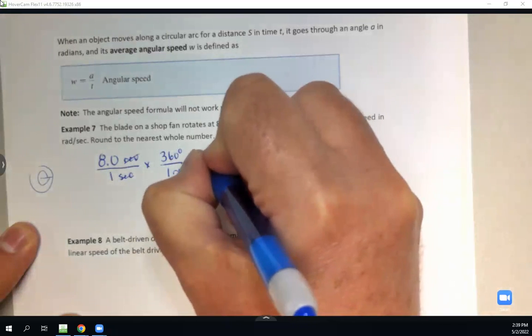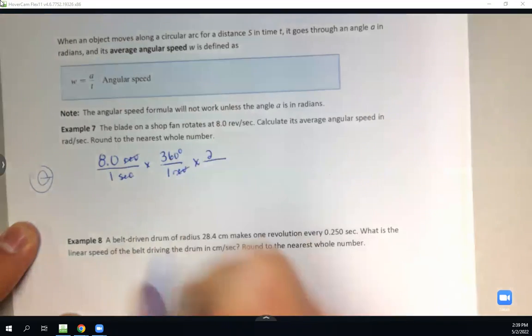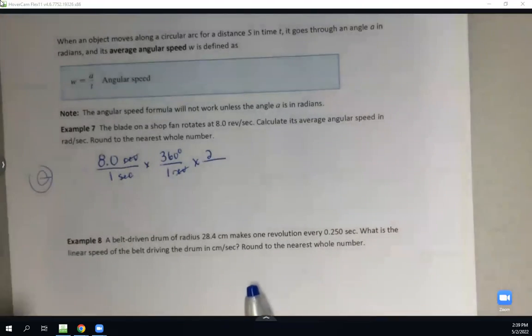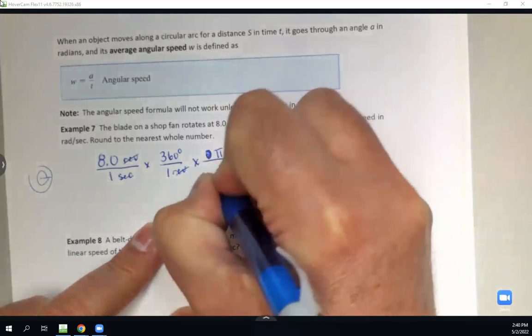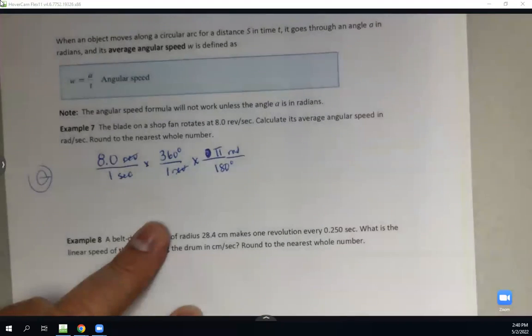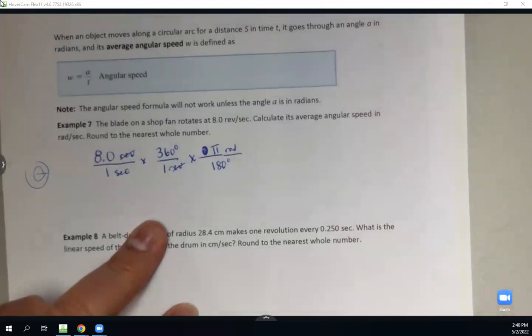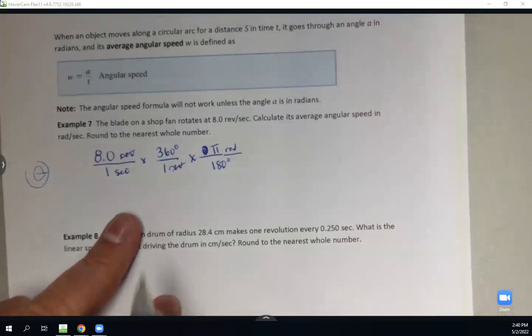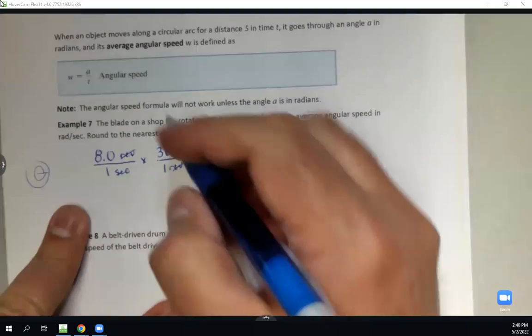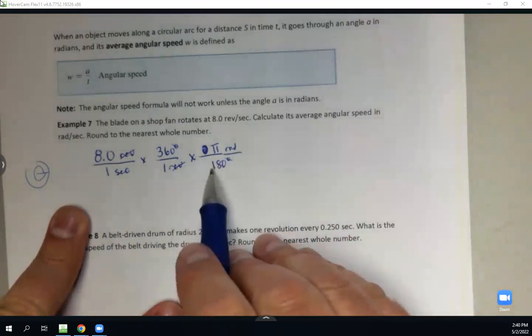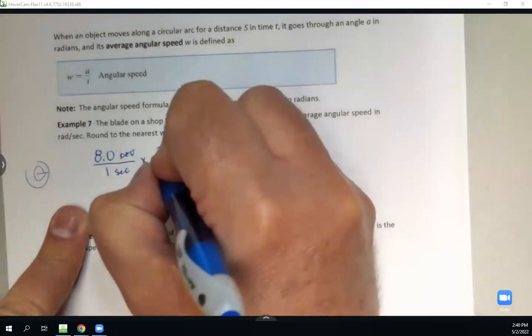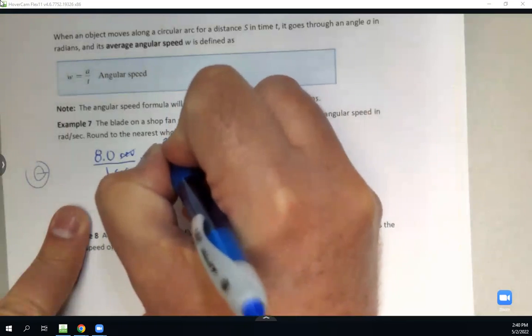But then I know that, let me back up. Oh, I didn't bring my white out. Well, I know that there are pi radians in 180 degrees. Does that make sense? So this is going to give me radians per second because degrees will cancel. Now 180 degrees will cancel with 360 degrees, leaving 2.